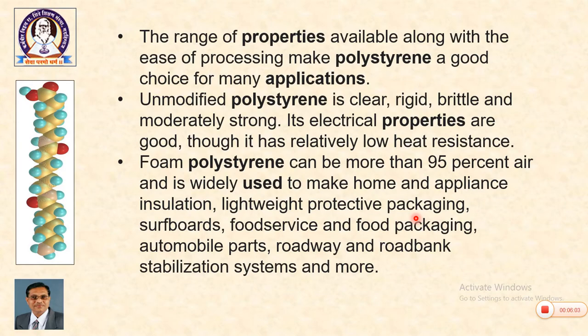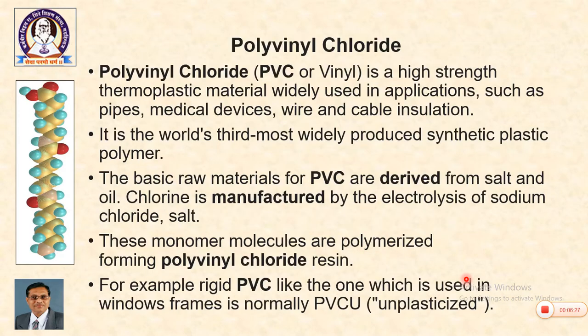Foam polystyrene can be more than 95% air and is widely used to make home and appliance insulation, lightweight protective packaging, surfboards, food service and food packaging, automobile parts, roadway and road bank stabilization systems and many more. So, these are the various applications of polystyrene.